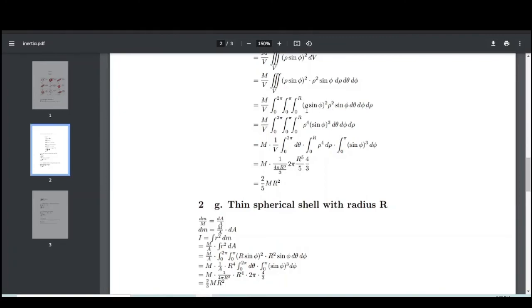So after we combine those terms, we find it's rho to the fourth times sine phi to the third. And then the next few steps are just to do the calculation, and you will find the same answer as the textbook.